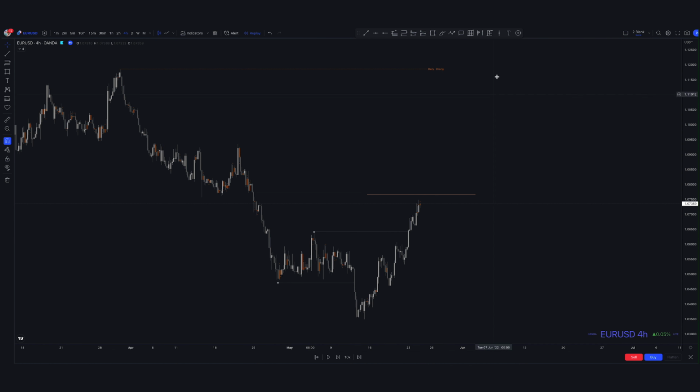This price was supposed to just come here to pull back here, but what happened? Instead of continuing on the daily, it came here and then it broke to the upside. So price is switching bullish on the 4 hour to facilitate the pullback on the daily. Okay, so I hope you guys understand.